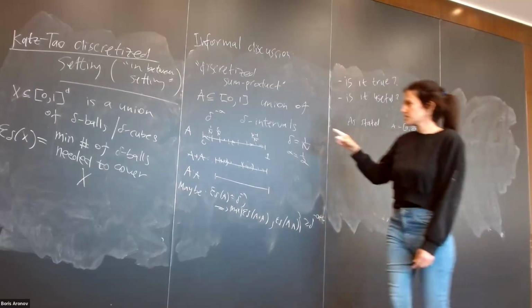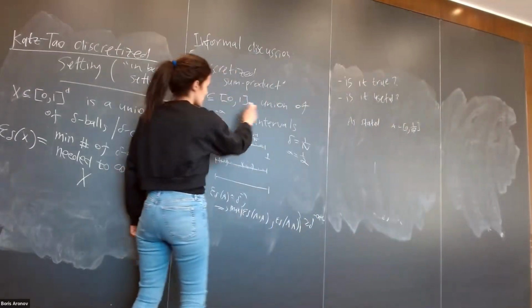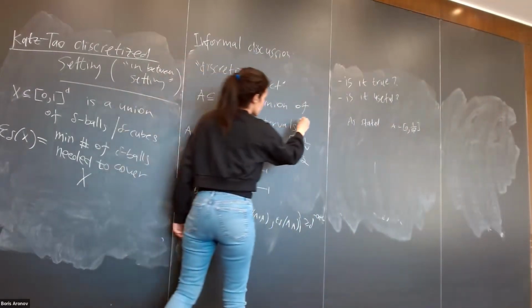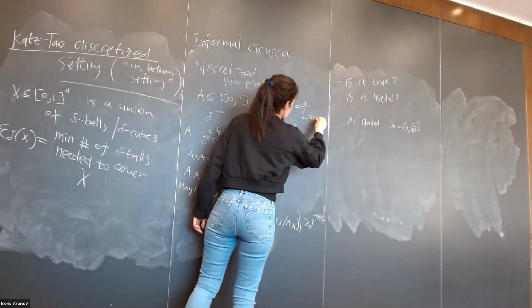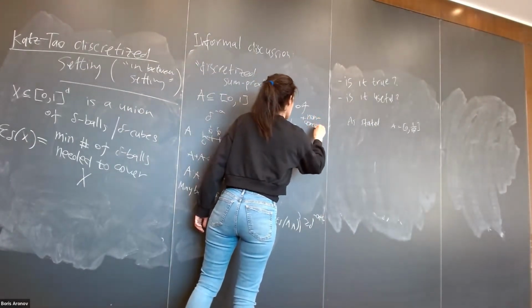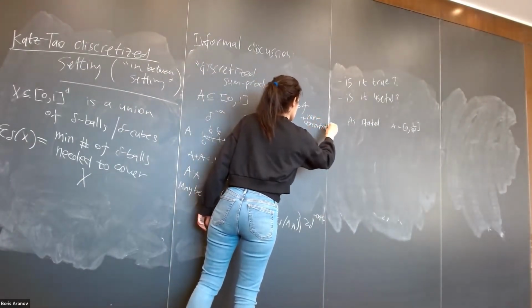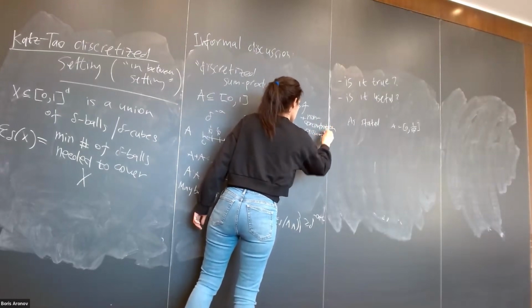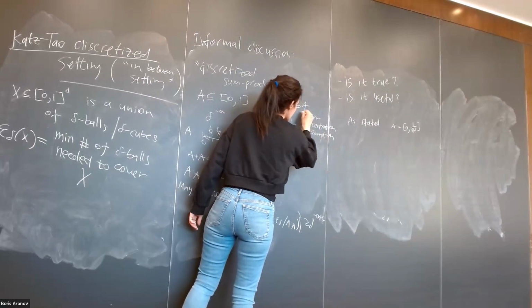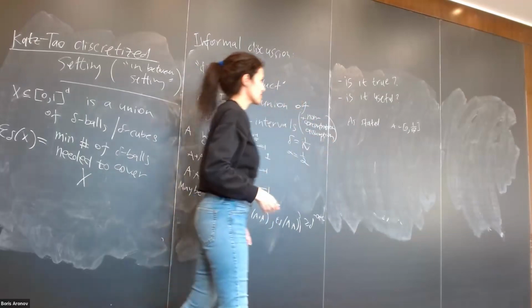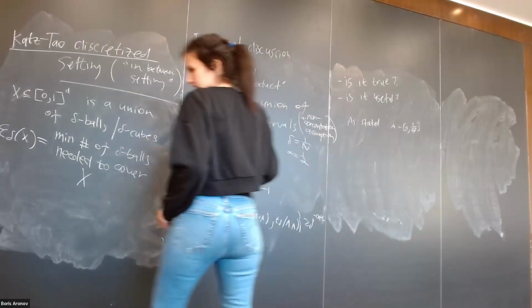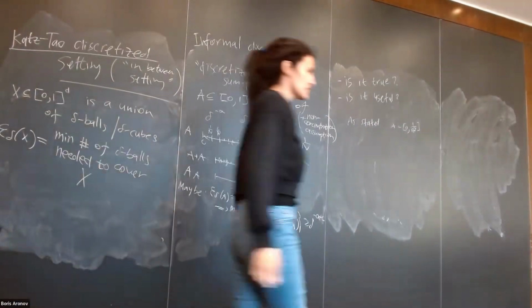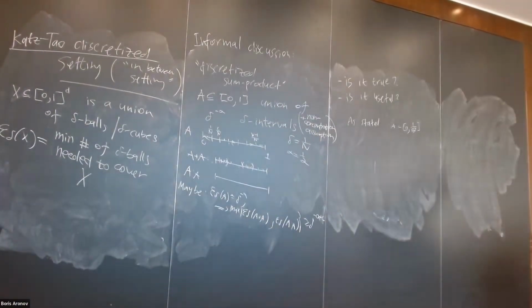But if we add some additional assumption on this set A, an additional non-concentration assumption, and I'm going to say it precisely in a second, then with this assumption the statement is true.